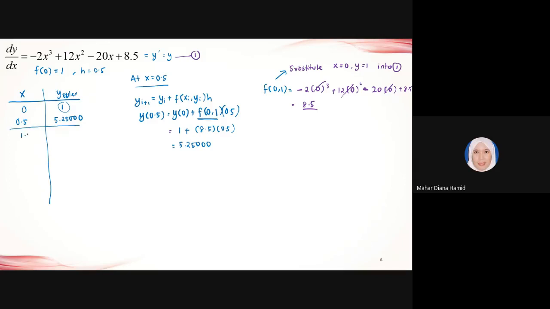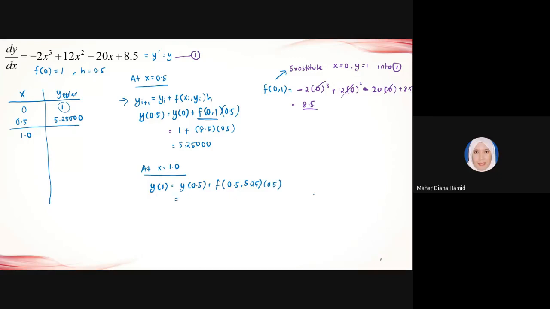And then we need to do it at 1. So we just follow this equation. The previous x is 0.5 and y is 5.25, with h.